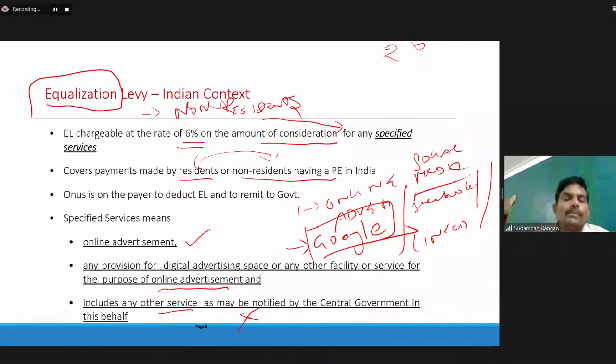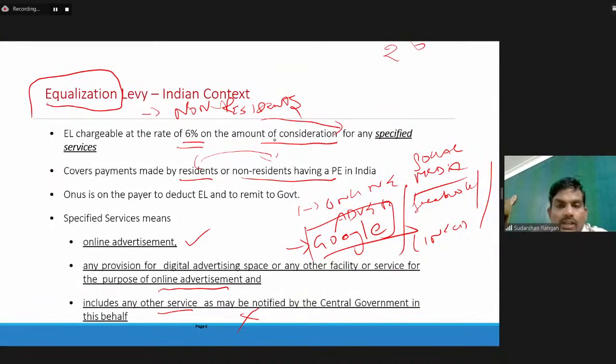So a resident making a payment to a non-resident service provider who provides services for online advertisement, in that case you have to pay 6% on the consideration.